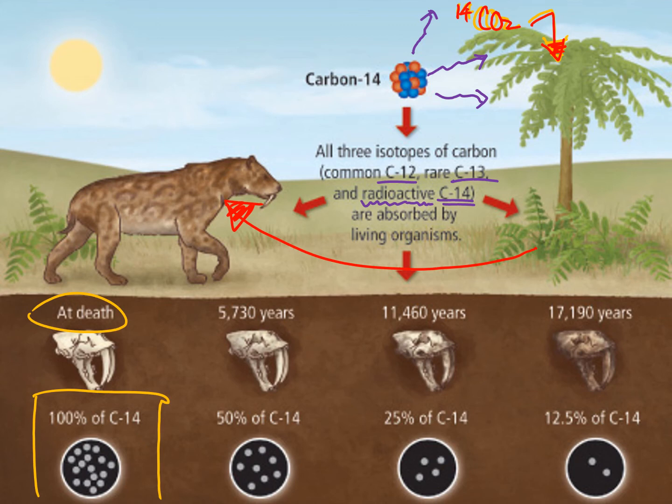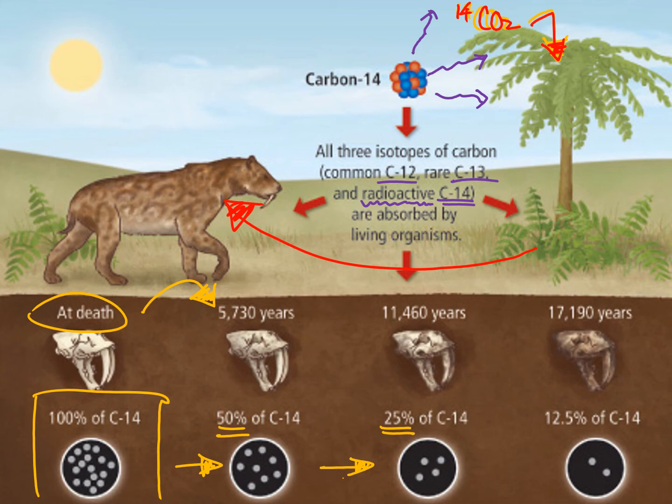However, after 5,730 years, the amount of carbon-14 is reduced by half. And then as time goes further by, the carbon-14 in the body is further reduced by half to become 25%.